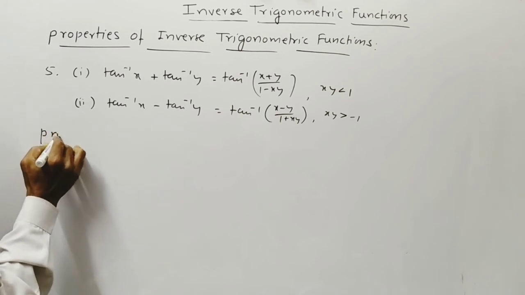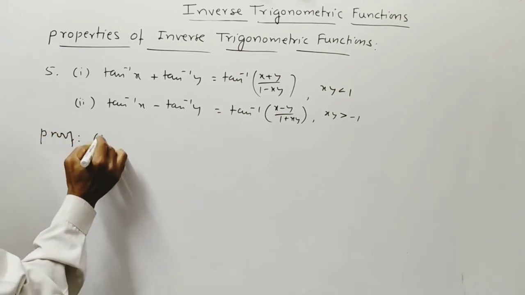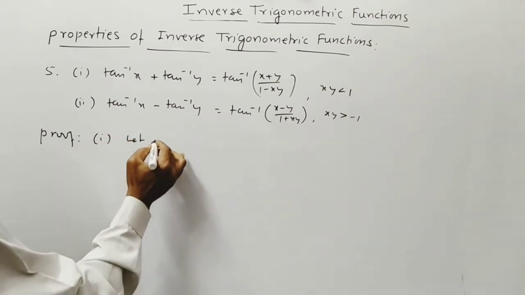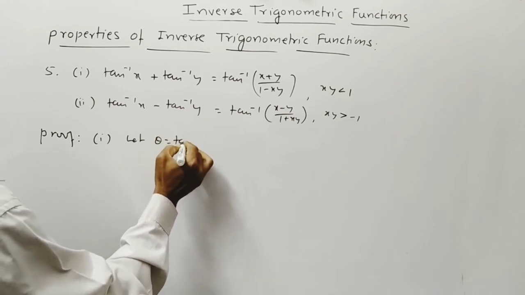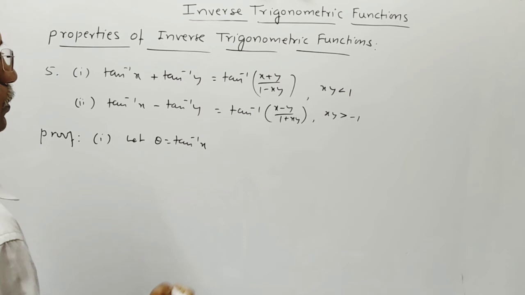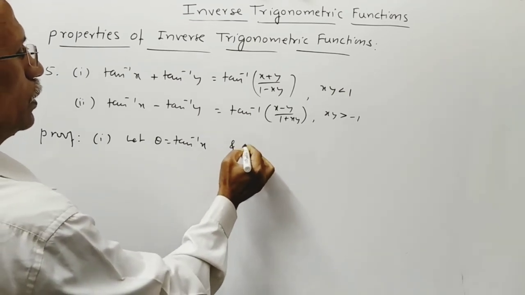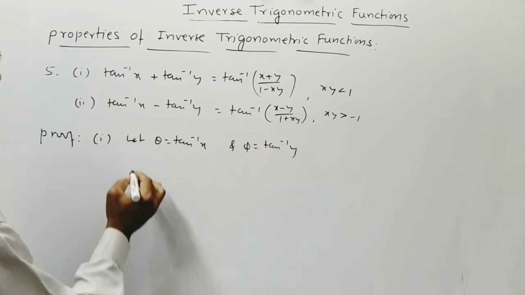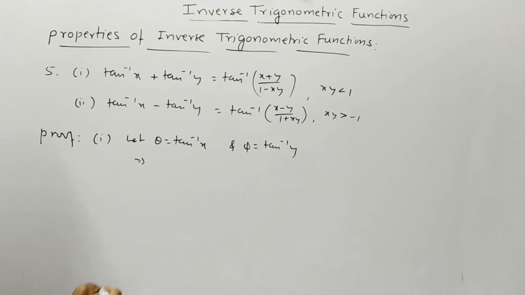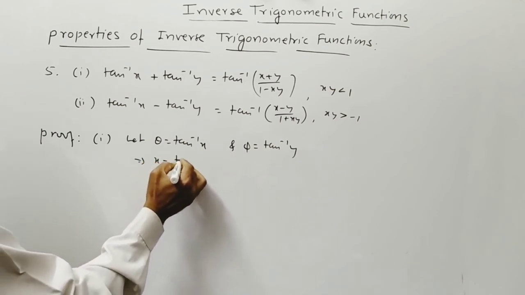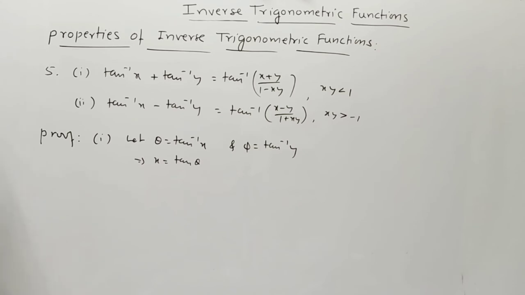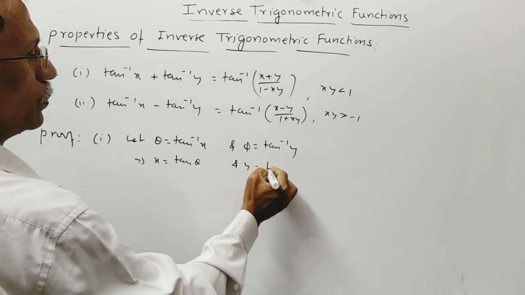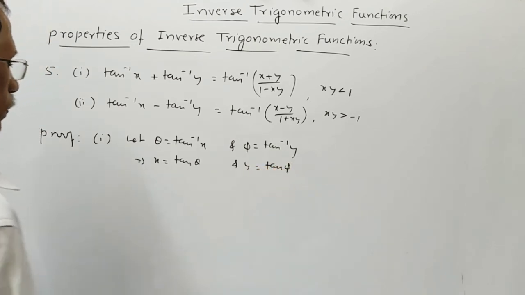Proof. First one, let theta is equal to tan inverse of x and phi is equal to tan inverse of y. This implies x is equal to tan theta and y is equal to tan phi.